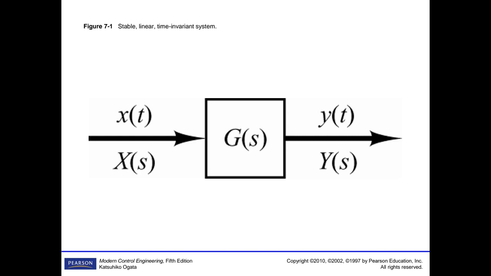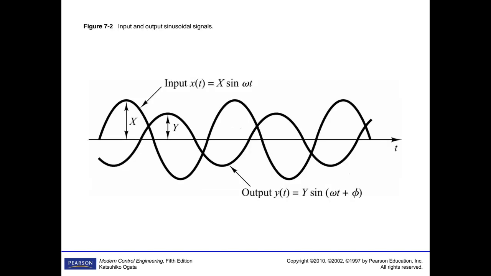But in the S domain, we convert time to the S domain, and then we obtain the output in the S domain as well. And we know how to come back to the time domain as well. That is a general representation. If you have a sinusoidal input like x sine omega t, the output y might be sine omega t plus or minus phi. It might be plus or minus.